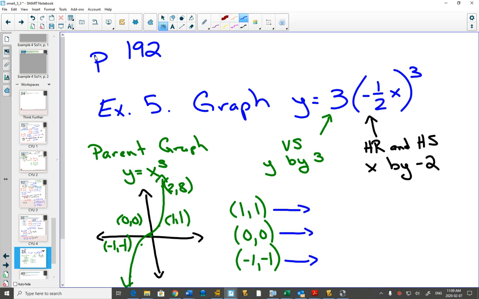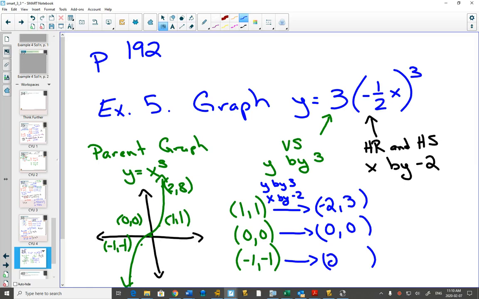Above this arrow, I'm going to say I'm going to multiply my y values by 3, my x values by a -2. What happens to each of those points? 1, 1 becomes -2, 3. 0, 0 stays 0, 0. And -1, -1 would become +2, -3.